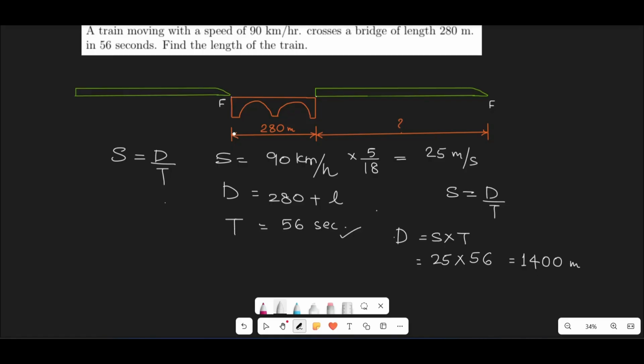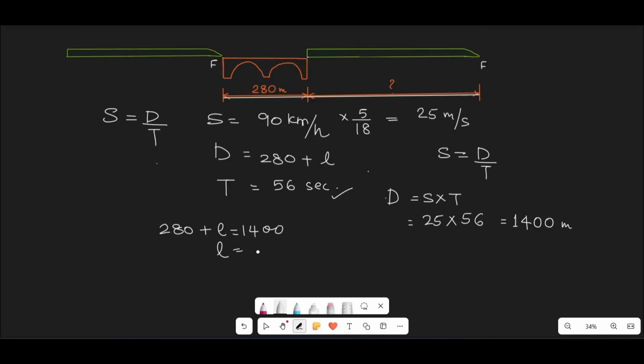And you know this is the total distance traveled by the front end of the train in order to cross the bridge completely. So 280 plus L is 1400. What is the length of the train? 1400 minus 280 works out to be 1120 meters.